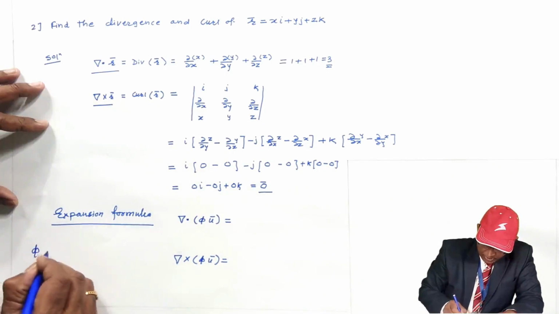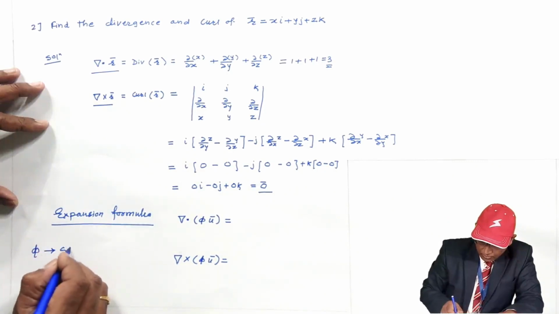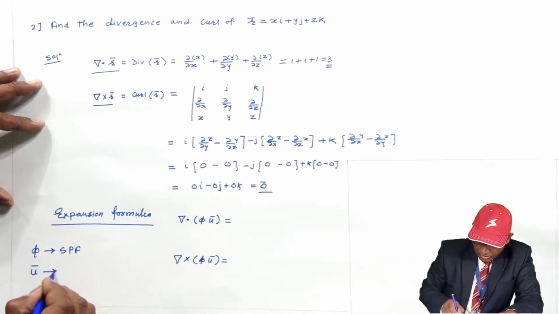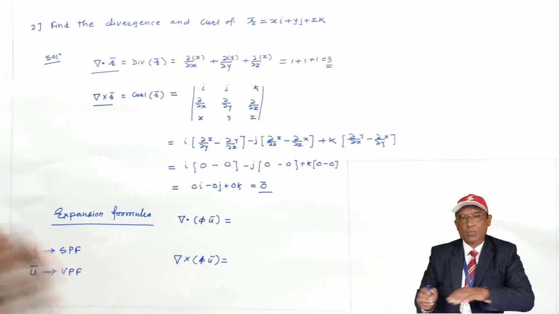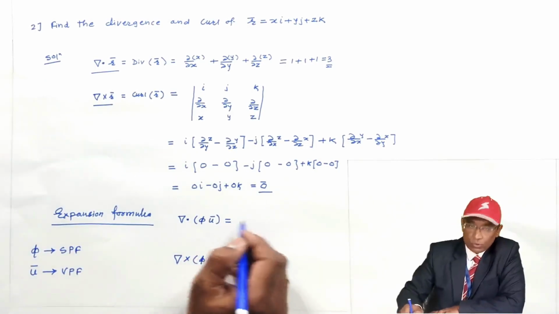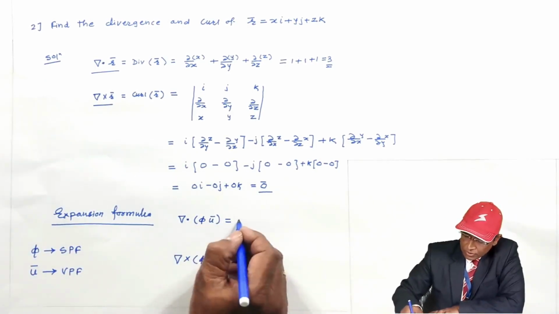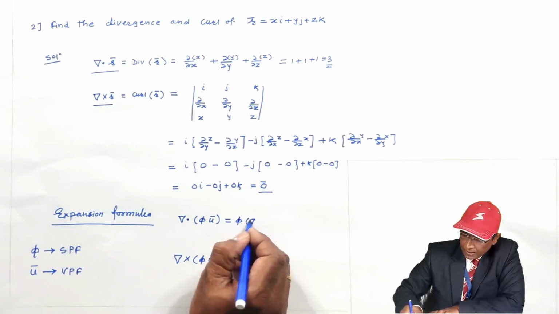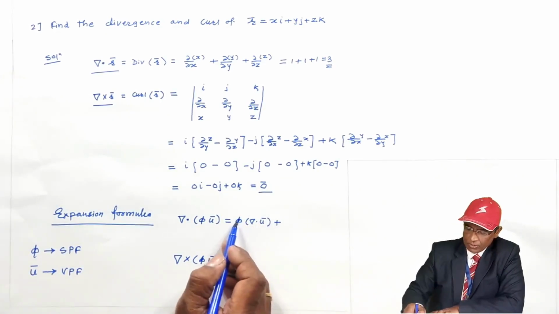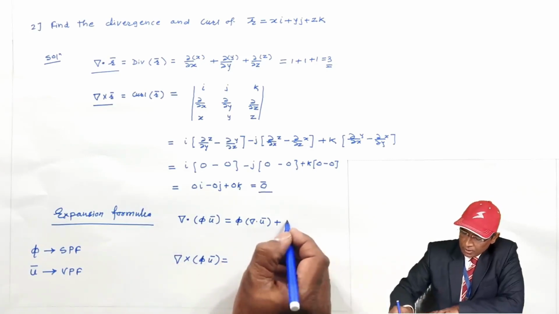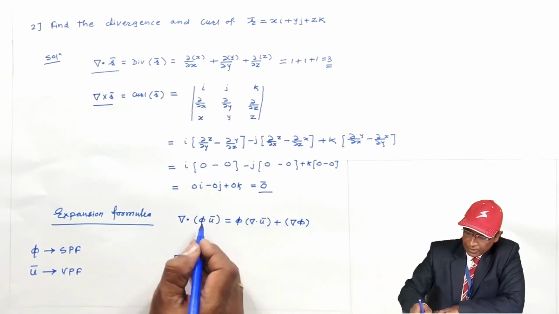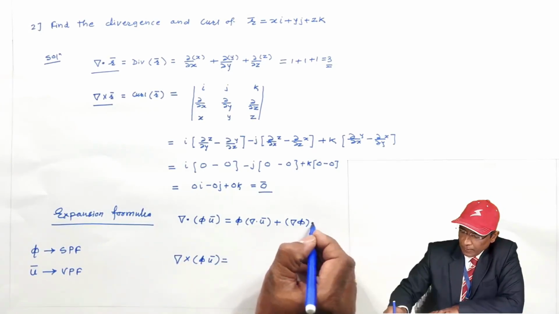Here phi is a scalar point function, and u bar is a vector point function. That's why I put the bar here. Now how to resolve it? Take phi outside: phi del dot u bar, plus gradient of phi dot u bar.